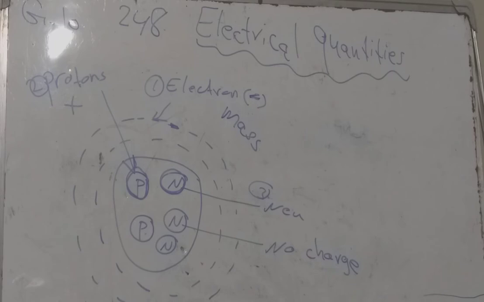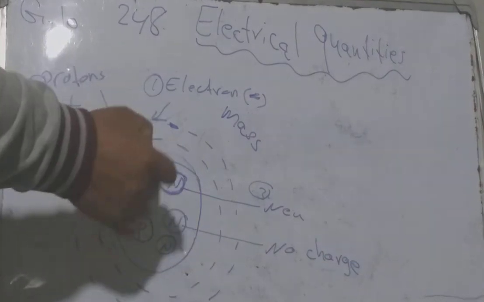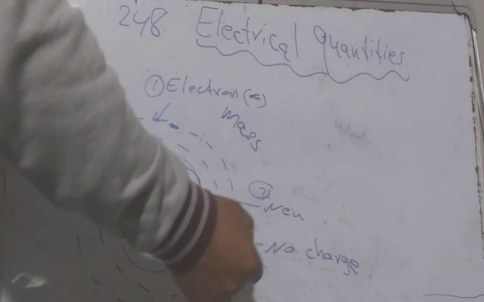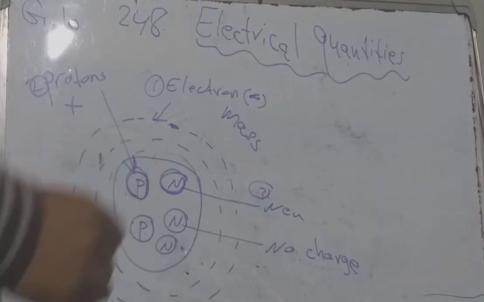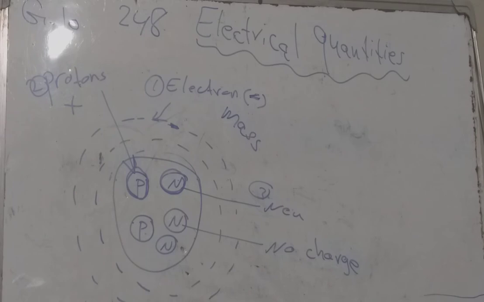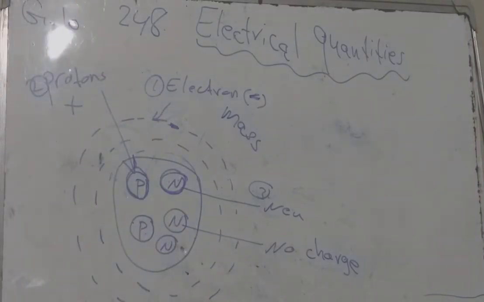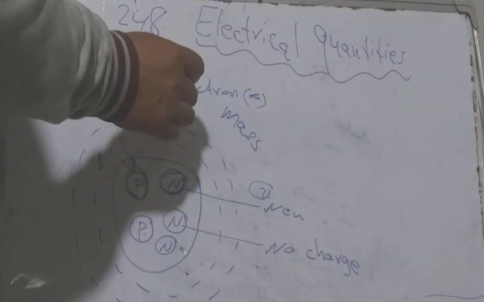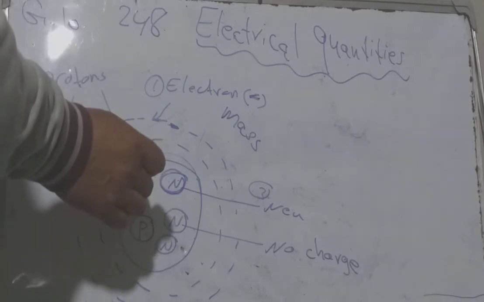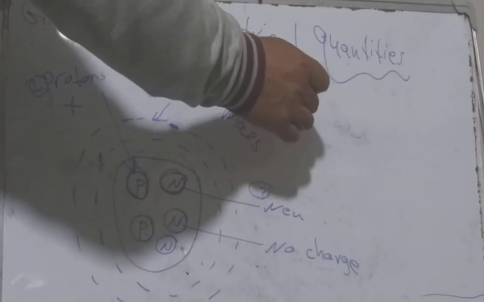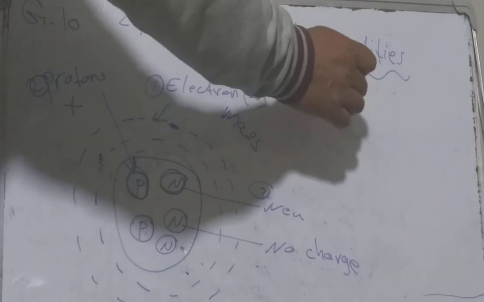And the protons and neutrons always come at the center here. Electrons are moving around them. In most atoms, there are as many electrons as protons. In the normal case, the number of electrons is equal to the number of protons. So negative charge is equal to positive charge.